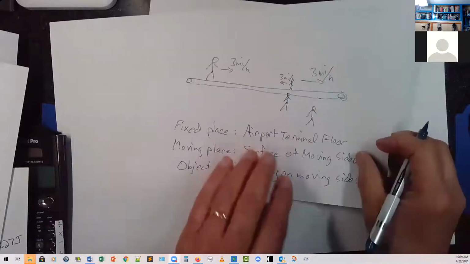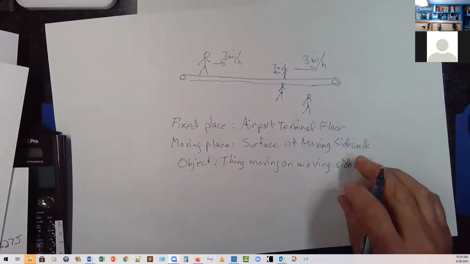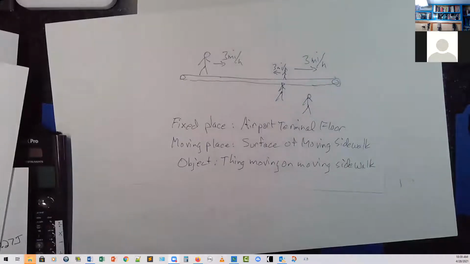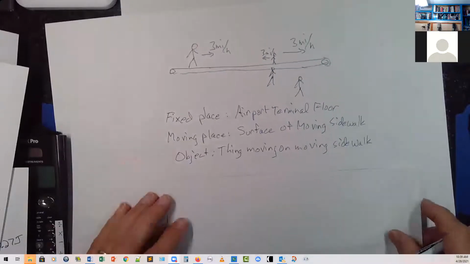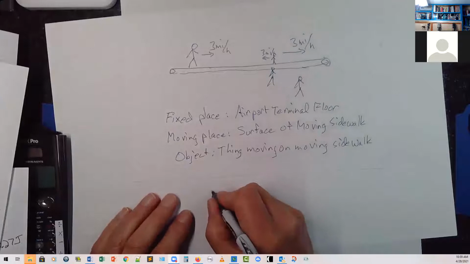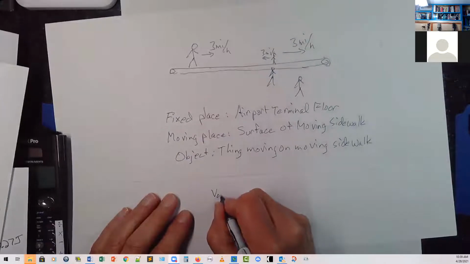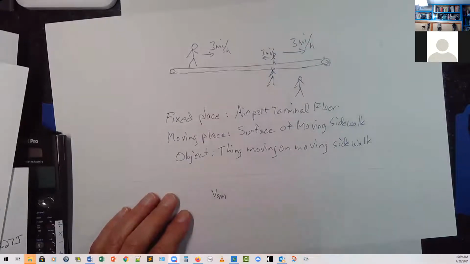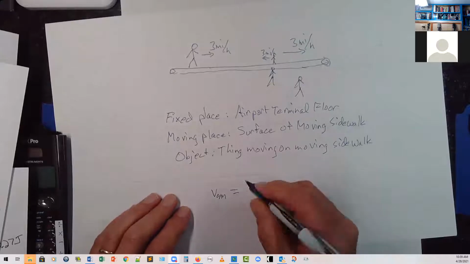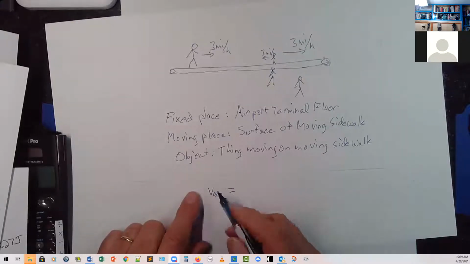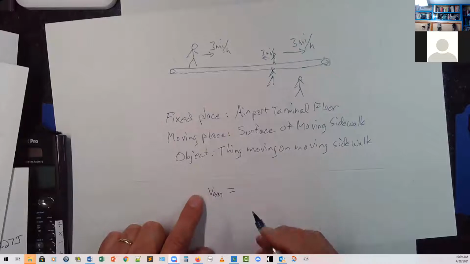And if I define a few things, I'm going to call VO/M, and this will equal, now I'm going to be putting arrows on these eventually, but for now I'll just leave them off.